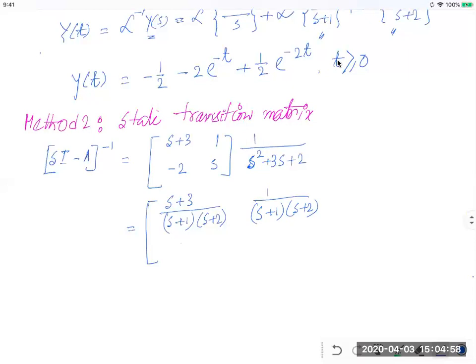First element of row 2 is minus 2 divided by (s plus 1)(s plus 2). Second element of row 2 is s by (s plus 1)(s plus 2).